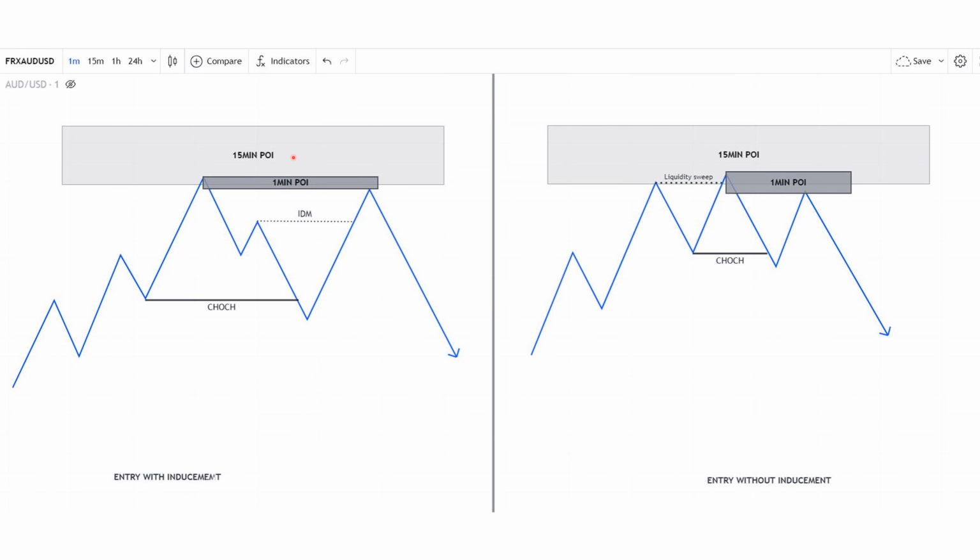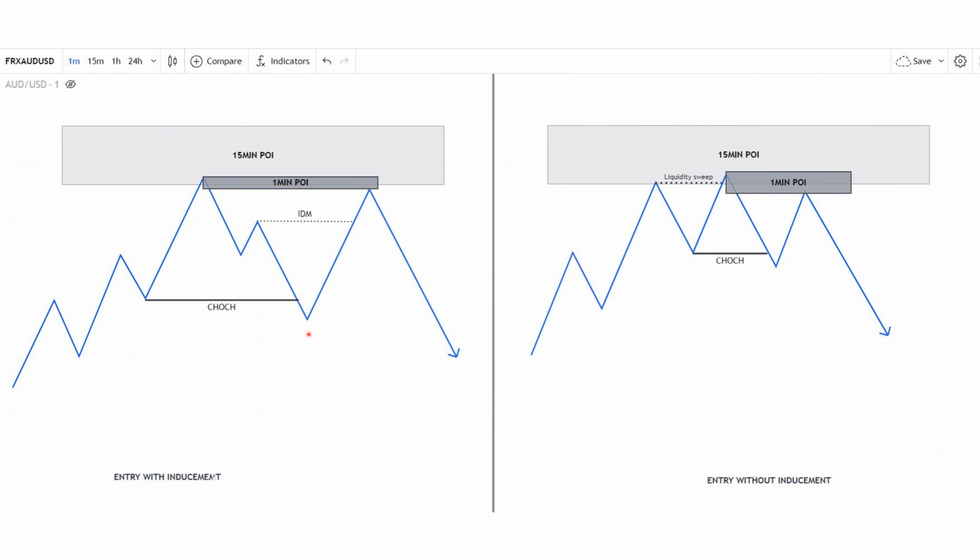Just keep in mind that the market is approaching your 15 minute point of interest. Let's just say that this is an order block. The moment the market hits this order block, you start looking for an entry setup. You are trying to look for a sell here.